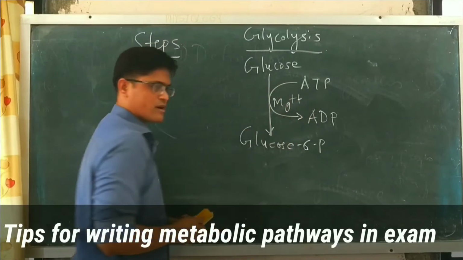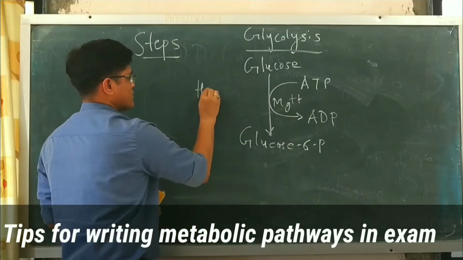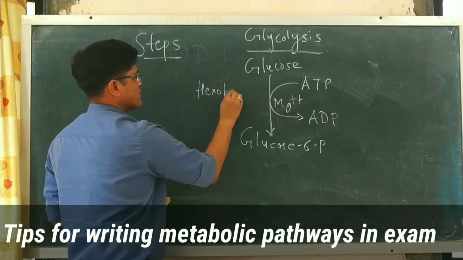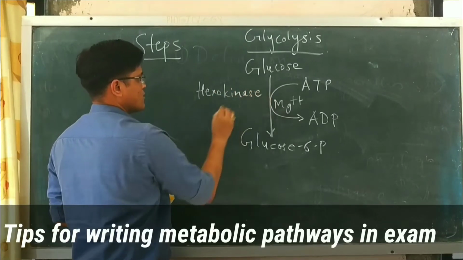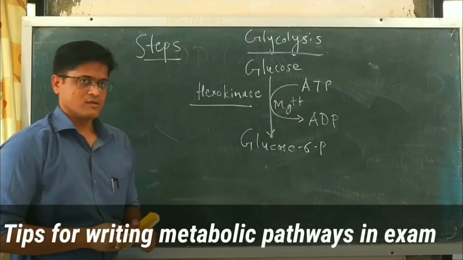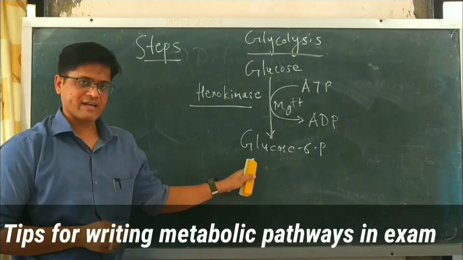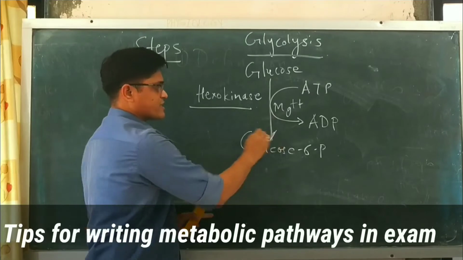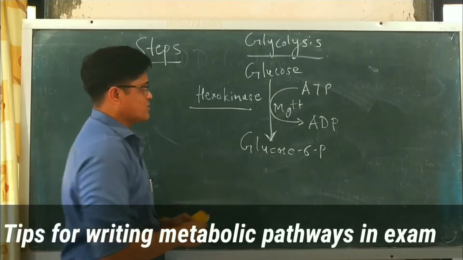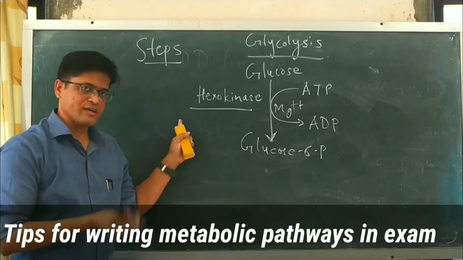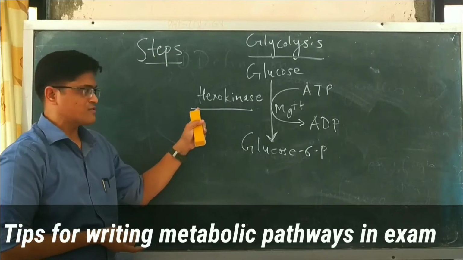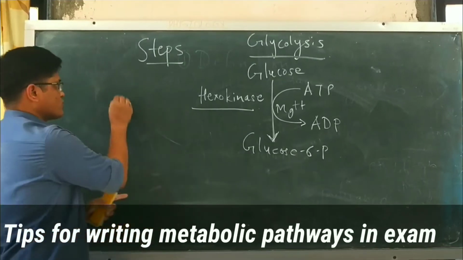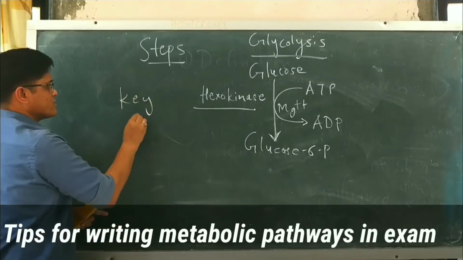Magnesium ion is required and the enzyme is hexokinase. Okay, this is the complete one reaction. As this is an irreversible step, you should mention the one direction arrow. Okay, so here you should also mention an important aspect that if this is the key enzyme, you should write here it is the key enzyme.